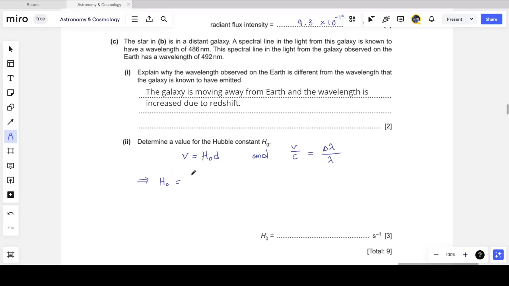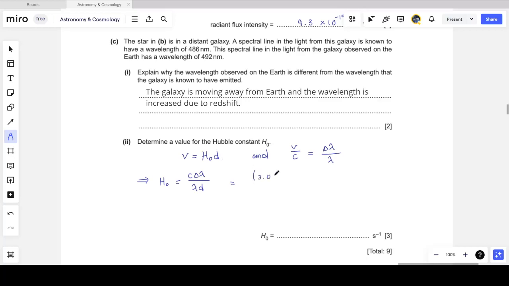So H0 will be c delta lambda over lambda times d. Again, you could do these equations separately if you wanted: find v over c, and then put that into the equation v equals H0 d. I'm just combining it so that I can do one calculation rather than two.